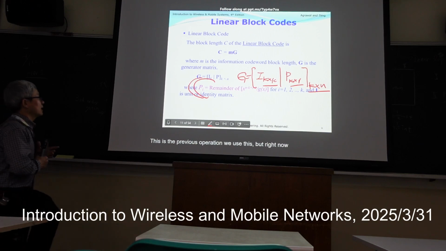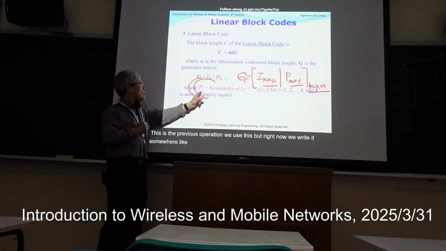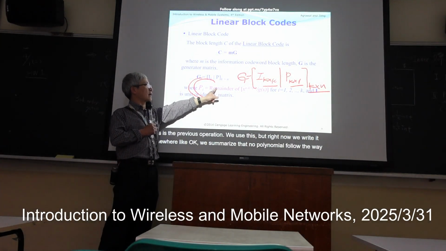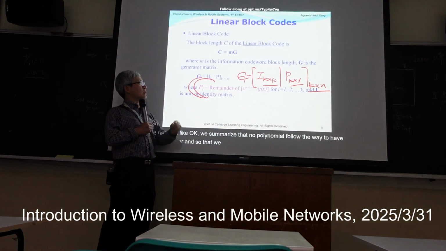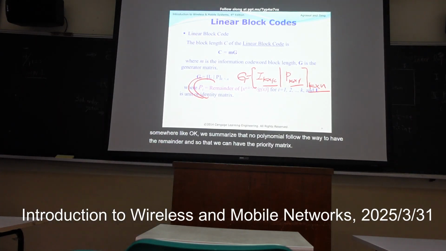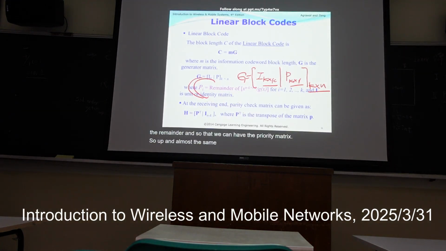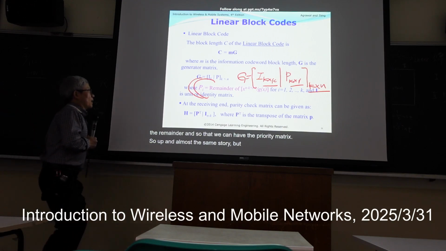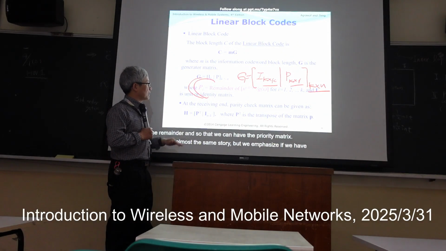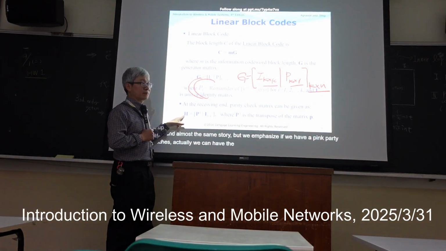We summarize the polynomial following the way to have the remainder, so that we can have the hierarchy matrix. So up to now, almost the same story, but we emphasize: if we have a parity matrix P, actually we can have the next matrix, this one.